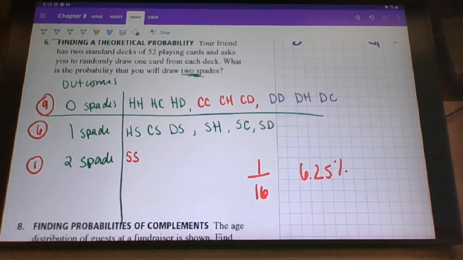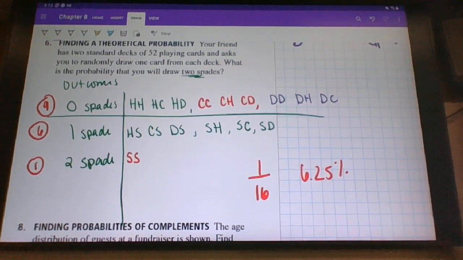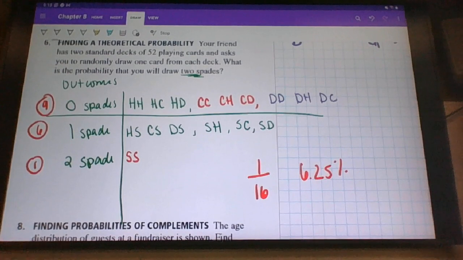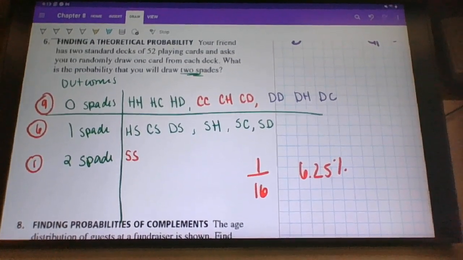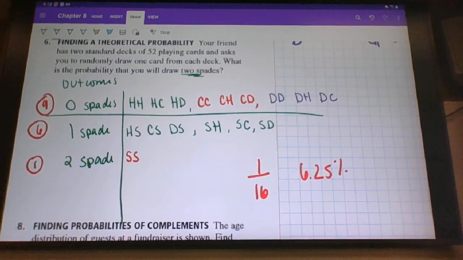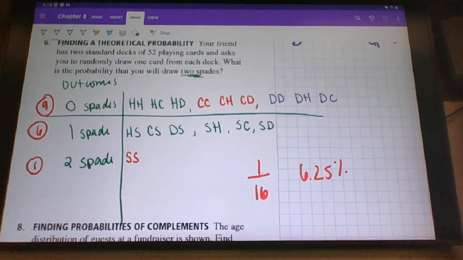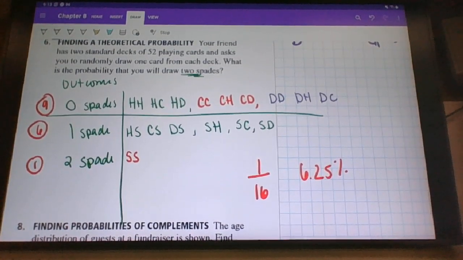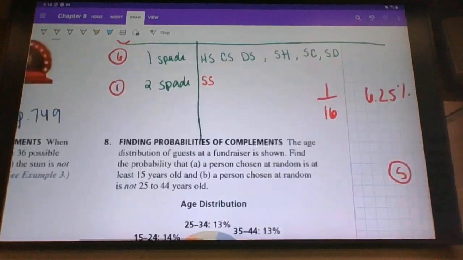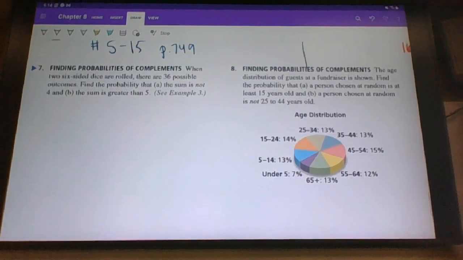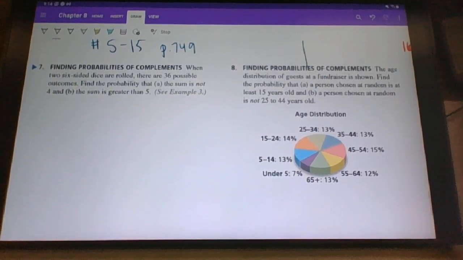Good job. One last question. What do you need from there?